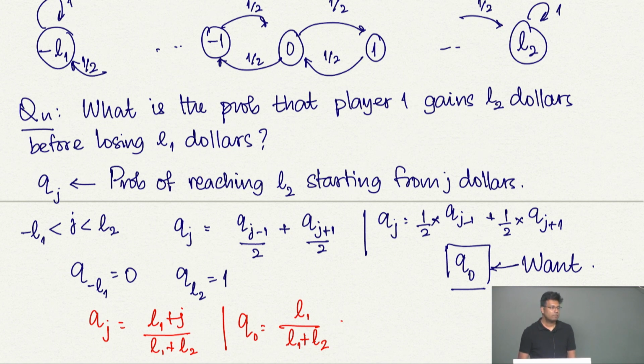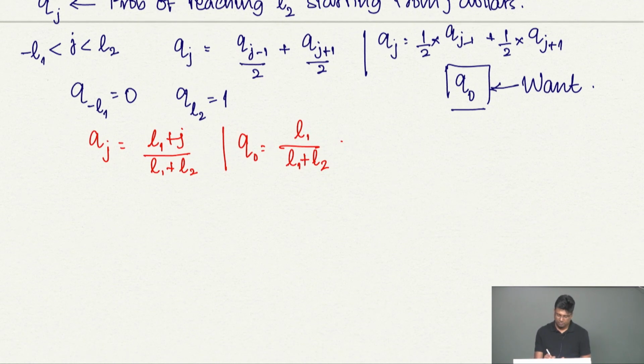The number of steps starting from j to reach L2 is half times S of j minus 1 plus half times S of j plus 1, plus 1, because you're going in one step.